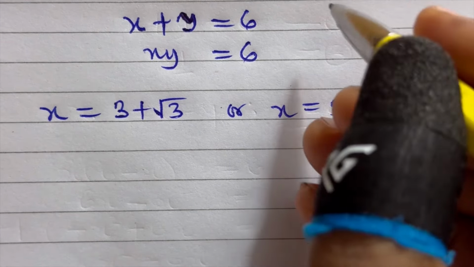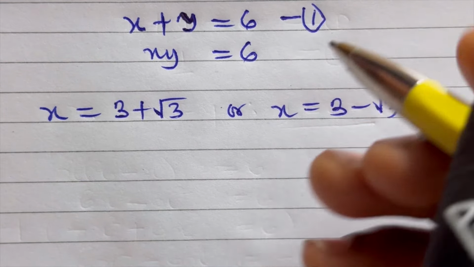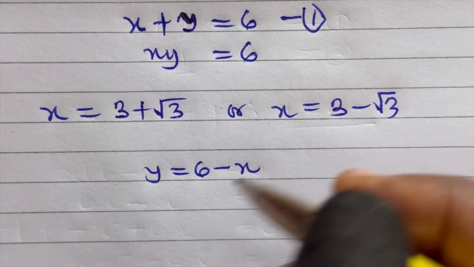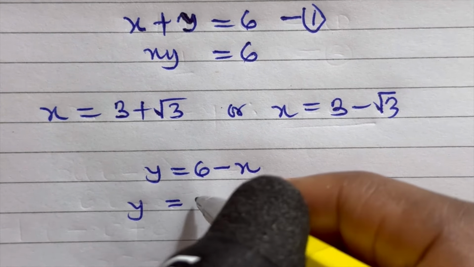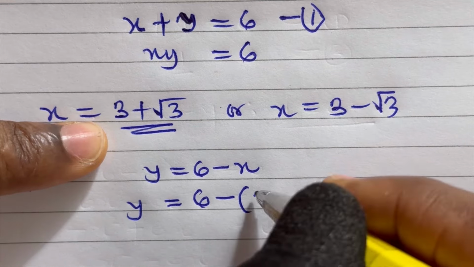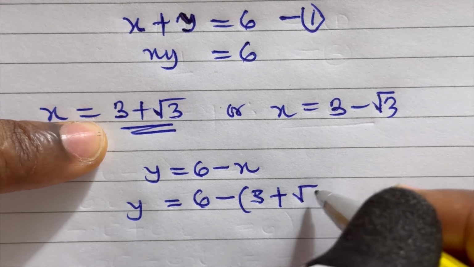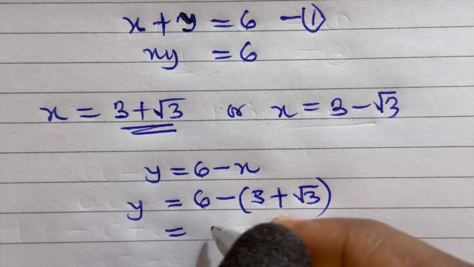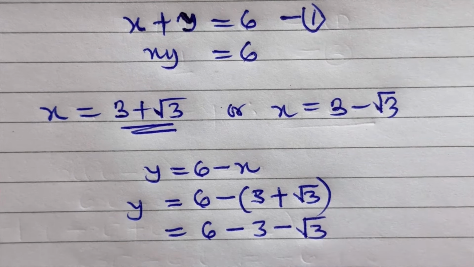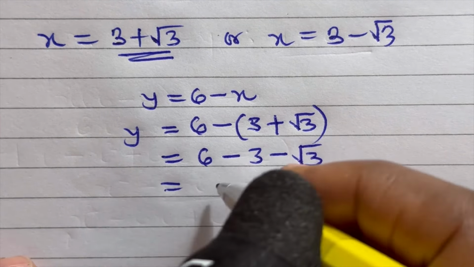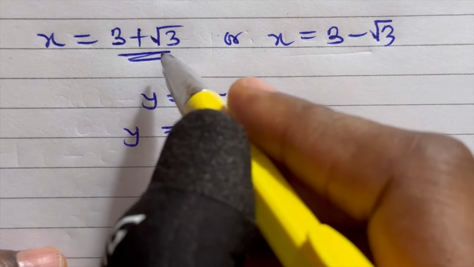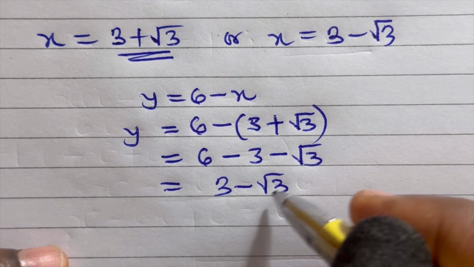If I go ahead and substitute into what we called the first equation, which we already got as y is equal to 6 minus x, then we can say y now is equal to 6 minus 3 plus root 3, which will give us 6 minus 3 minus root 3. This tidies up into 3 minus root 3.